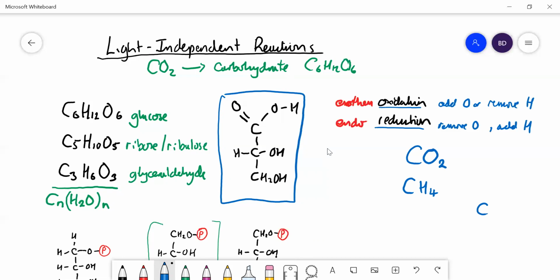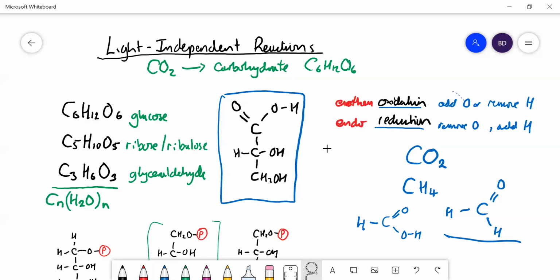Formaldehyde is like a carbohydrate, isn't it, because it's got 2 hydrogens for every 1 carbon and 1 oxygen for the carbon. Methanoic acid is more oxidized than this one because you've got 2 oxygens for the carbon.